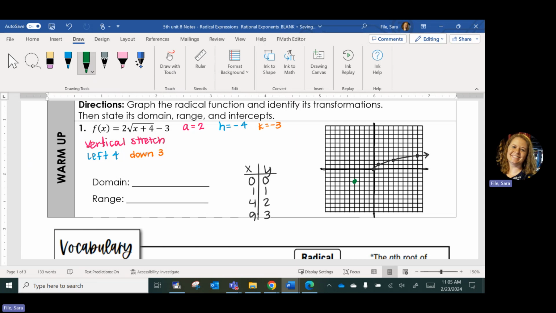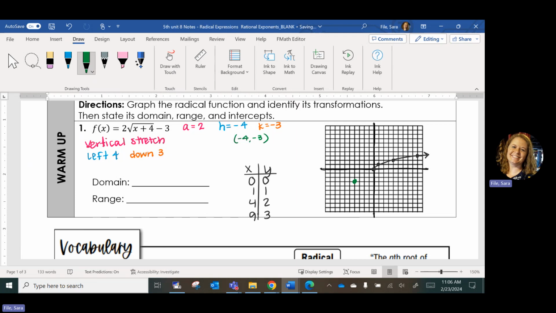And I didn't even actually have to count that from the vertex. I know based on HK, remember your HK is your vertex. So I knew there was going to be a point at -4, -3. Now, there's no stretch for that first point because your stretch is from your vertex.